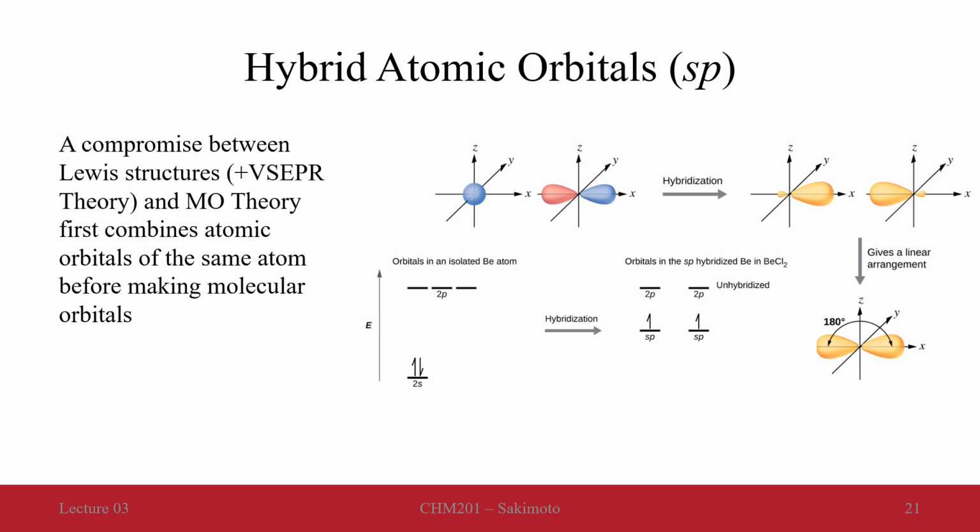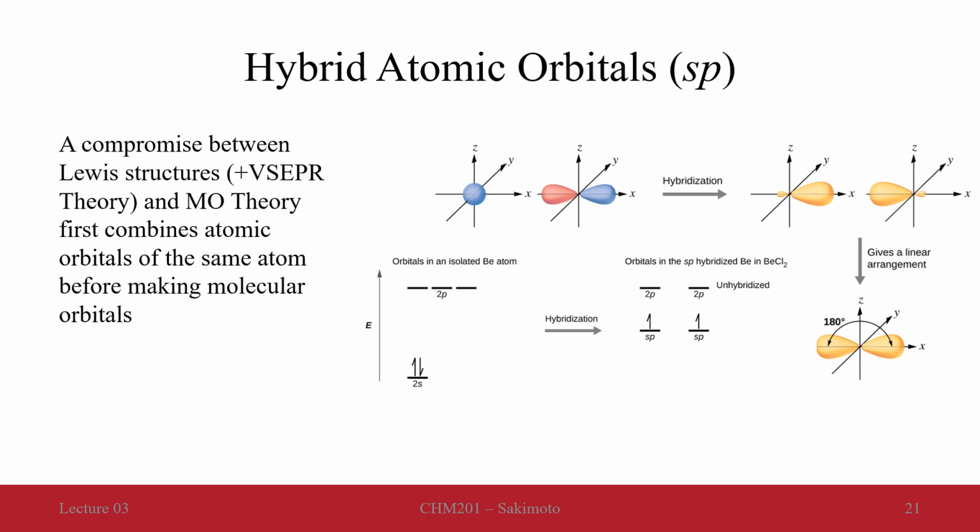We could take our s orbital, mix it with the same atom's p orbital to rearrange them. Rather than have a spherical s and a dumbbell p, if we were to mix the s and merge it with the px, 2px in this case, we're now left with two sp mixed orbitals that are the same energy, and of course two p orbitals that are unhybridized.